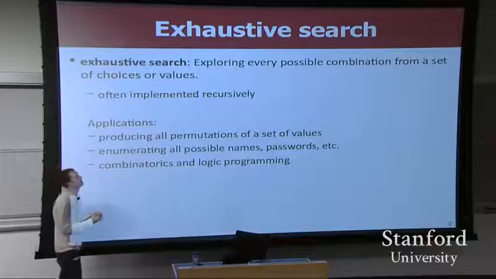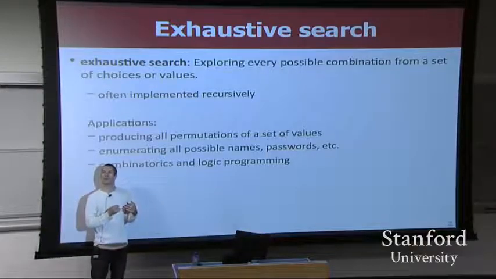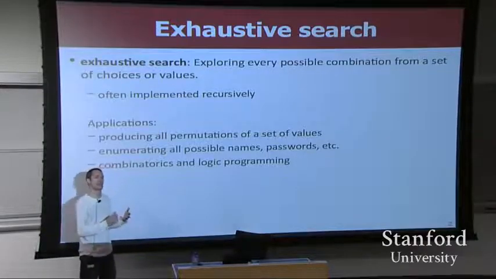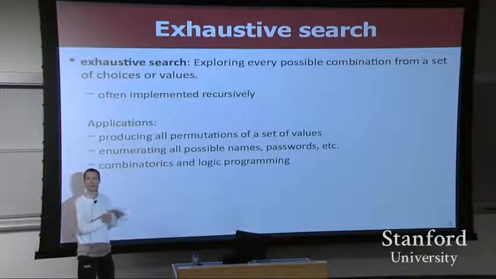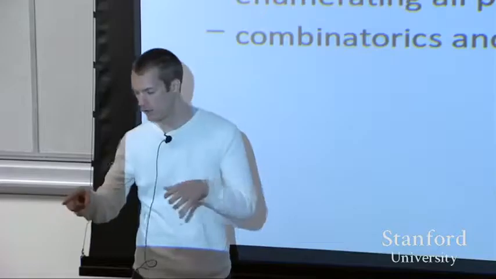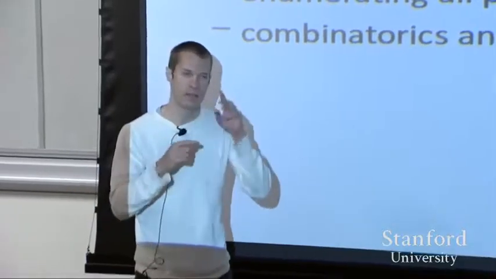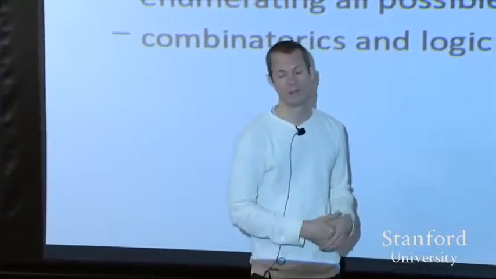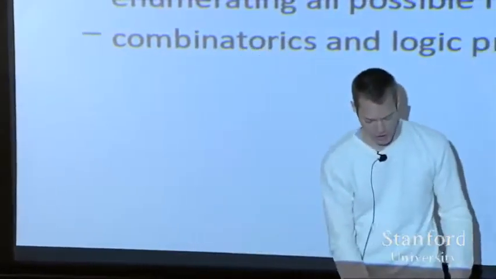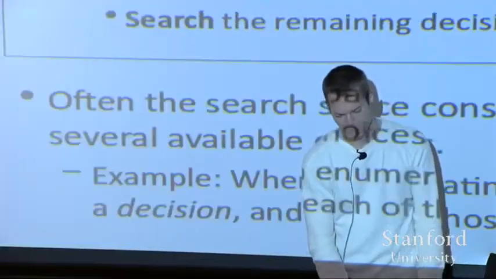Another example would be if you're writing a computer that was going to play chess, you're going to write Deep Blue to try to beat the chess grandmaster. You wanted to look at all the possible chess moves: if I move here, then my opponent's going to move here, and let me plan out 10 moves ahead. Let me enumerate all the possible moves and look at which one's the best for me. That's another example of searching a space of solutions to a problem.